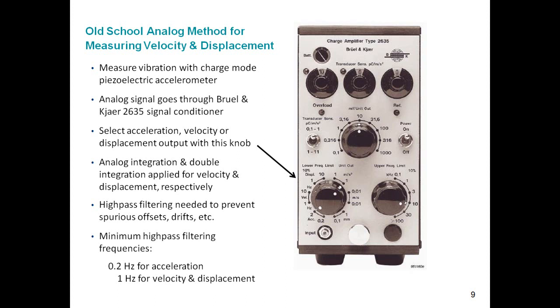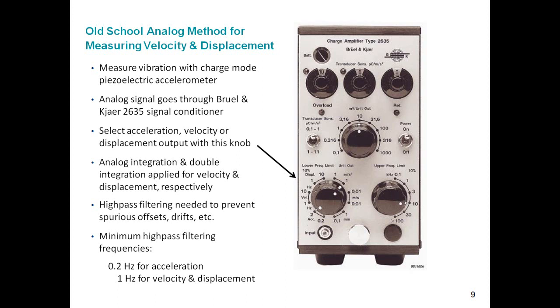But one thing that's interesting is that in order to do these outputs, the user has to select a high-pass filter. And that's particularly critical for velocity and displacement. That's needed, for example, to filter out any spurious baseline shifts or spurious drifts. And when we get further into integration, you'll see that it is necessary to do different types of either high-pass filtering or trend removals.